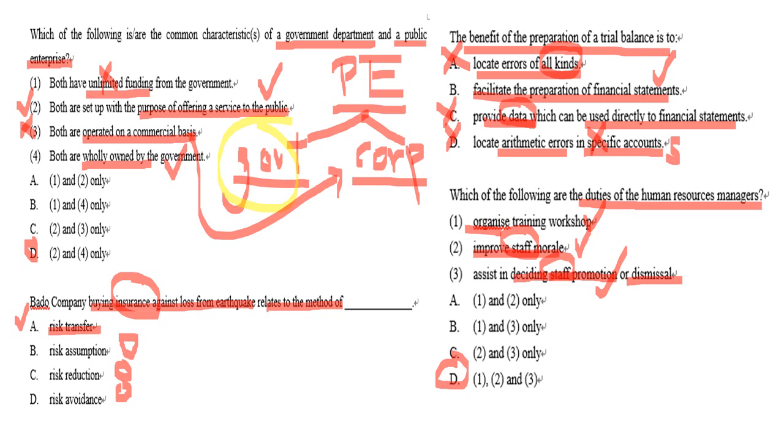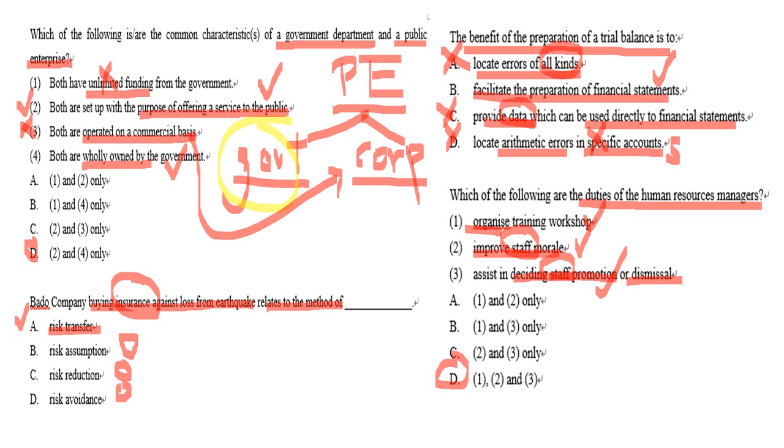While public corporations are run on a commercial basis with the operation of a board of directors, such as the Hospital Authority, Airport Authority, and Ocean Park. They are self-financed.